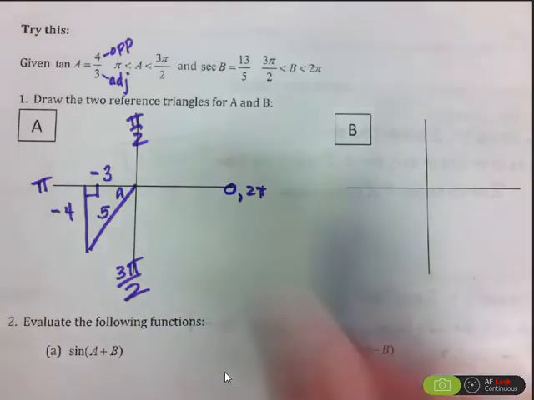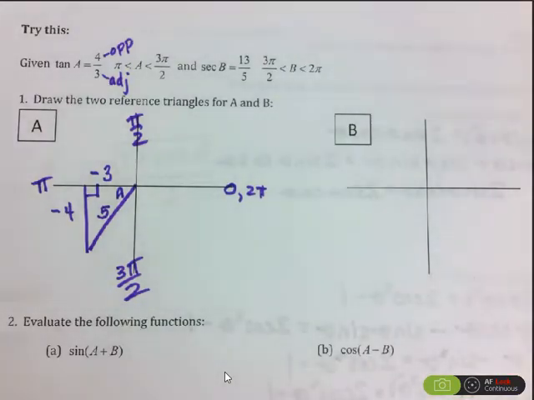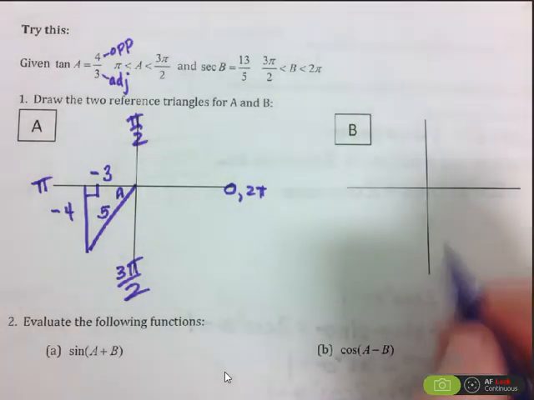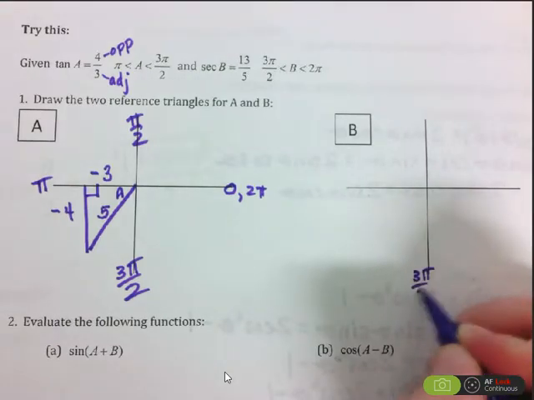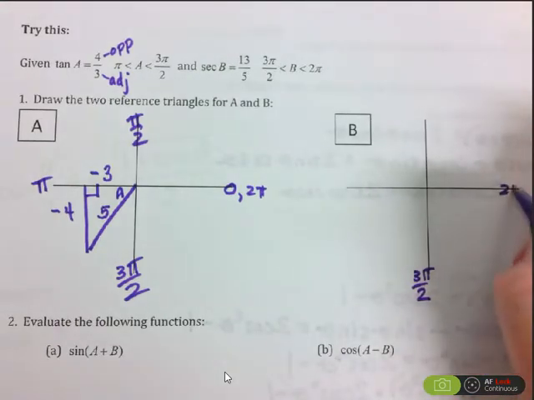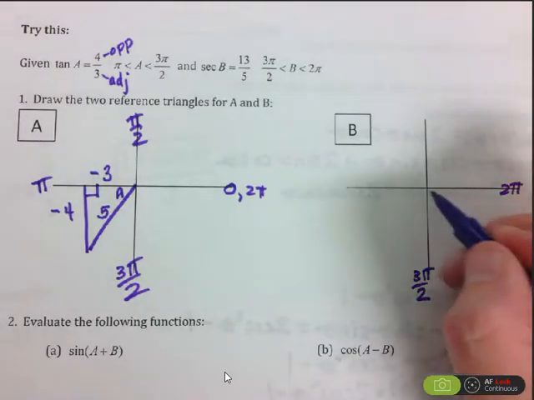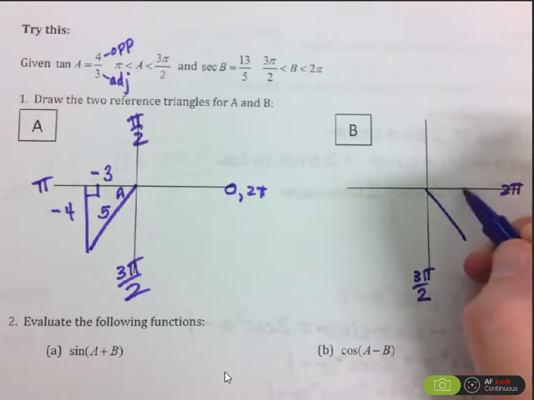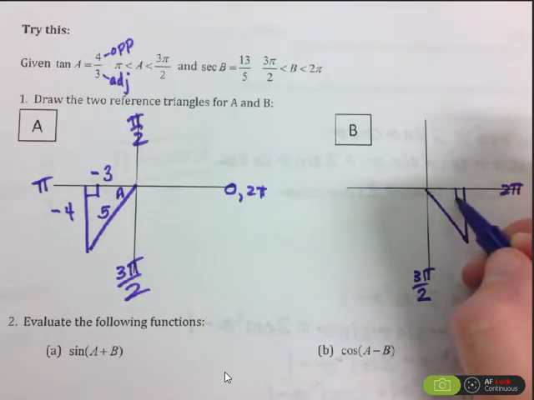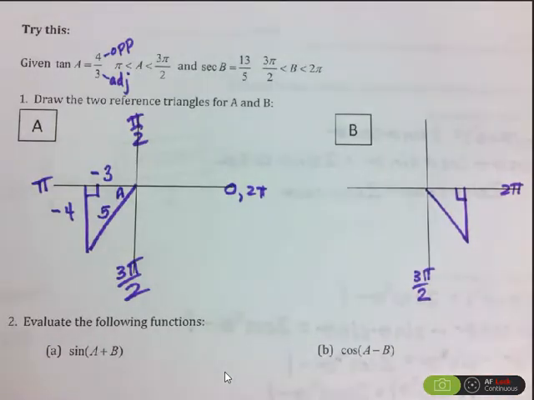Angle B is between 3 pi over 2 and 2 pi, which puts it in what quadrant? 4. Good. It needs to connect to the x-axis with a right angle. All right, secant's the reciprocal of what? Cosine.